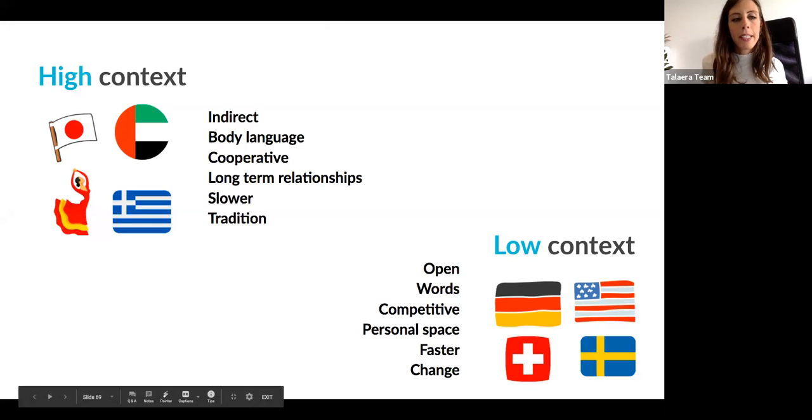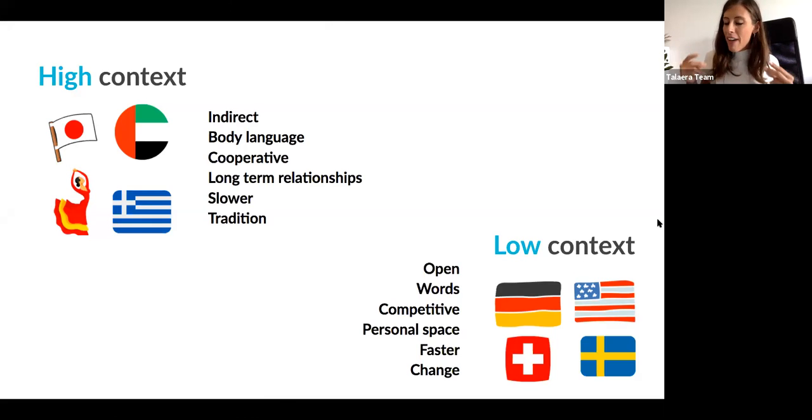Let me move this quickly so that we can see. It's much faster. Things go faster. Depending on the country, this is more true or less, but they do like change, and they like things to be dynamic. What does this have to do with effective communication? Well, understanding how people are in different areas will help you adapt your message to some or others.